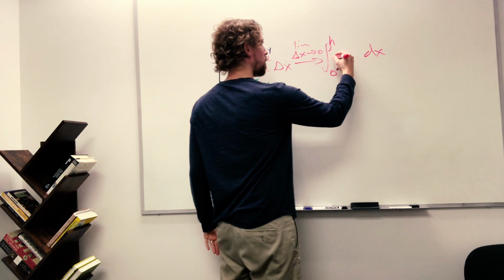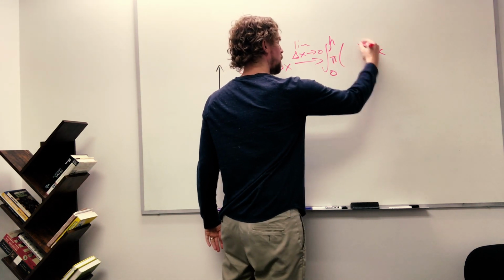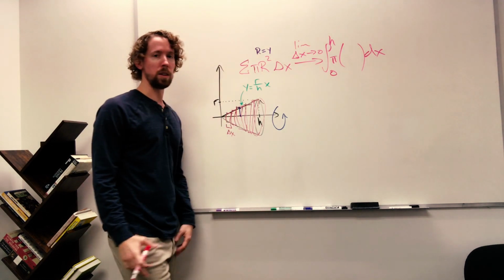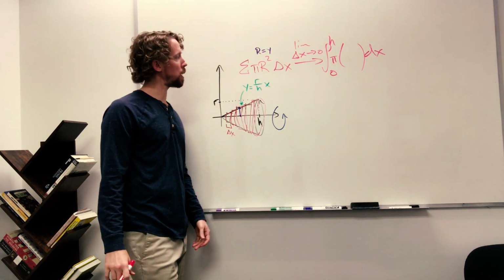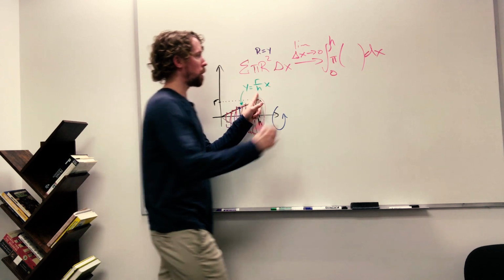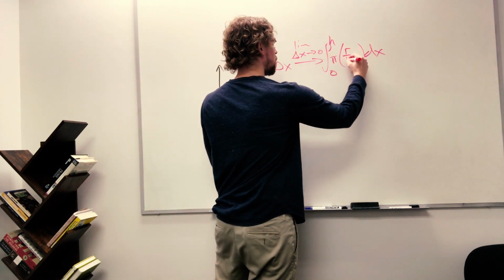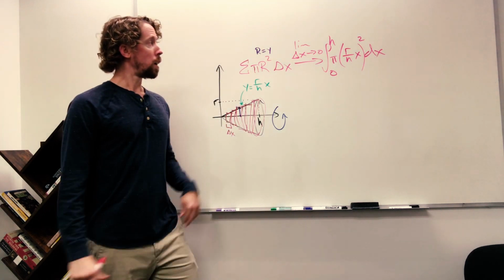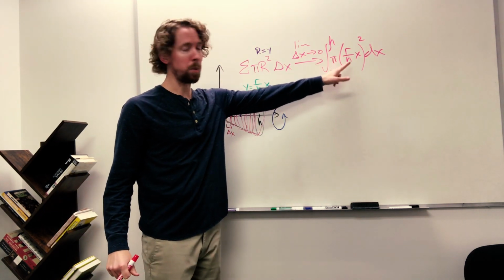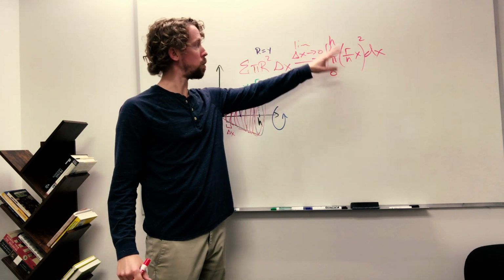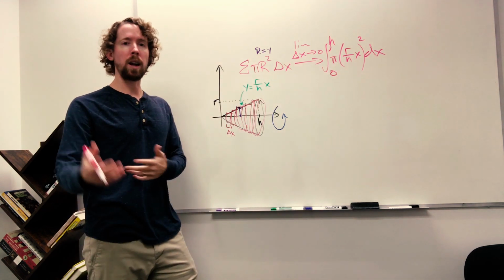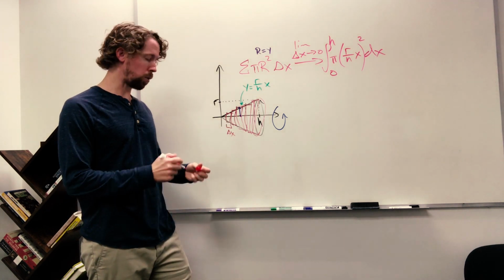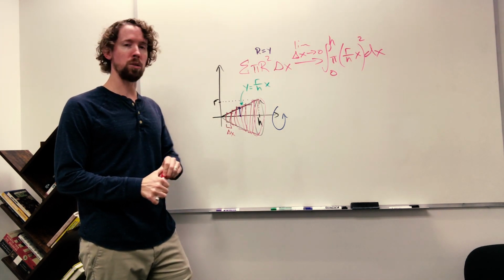So I'm going to have pi times, and I need to write that y value in terms of x because that's the variable that I'm integrating with respect to. So I just plug in this r over h times x and square that. And then if you walk through this, if you simplify this, take the antiderivative, plug in the bounds, you will get out the equation for the volume of a cone whose height is h and whose radius is r.